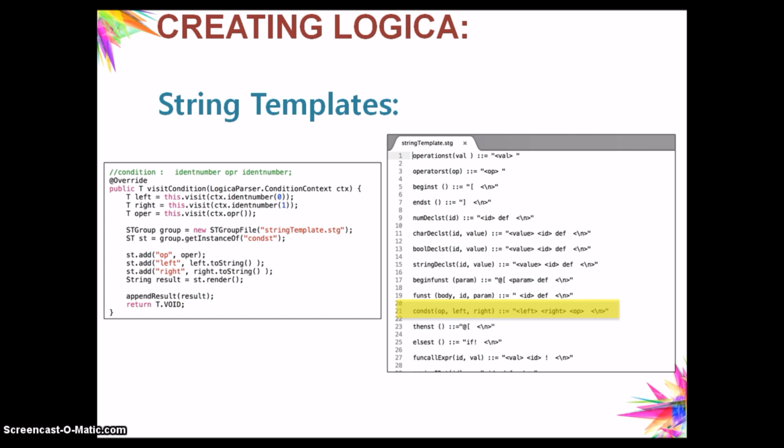Now, when you see the second image, it explains that the condition statement expects three different parameters, which are operand, left, and right. These are added or injected by using the st.add function and by using the .render. So our intermediate code is now generated, which expects the three parameters for every condition statement of the if-else, which are the left, right, and the operand. In this way, we can inject the attributes and create the template for all the functions or facilities we need in our high-level language.